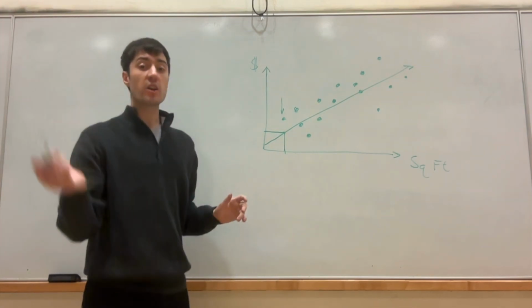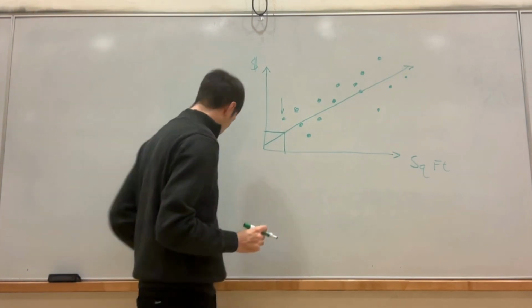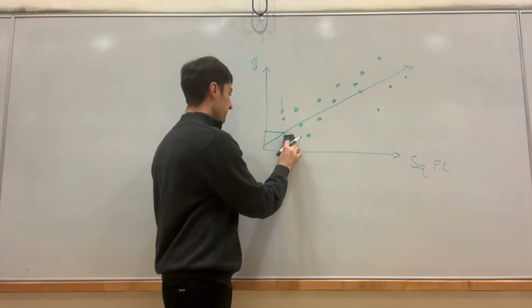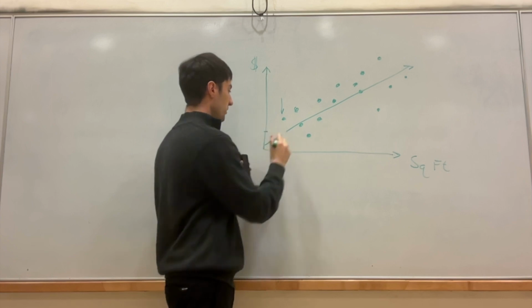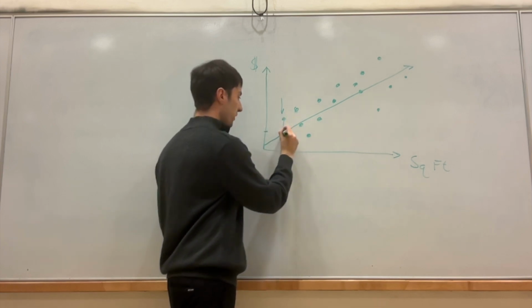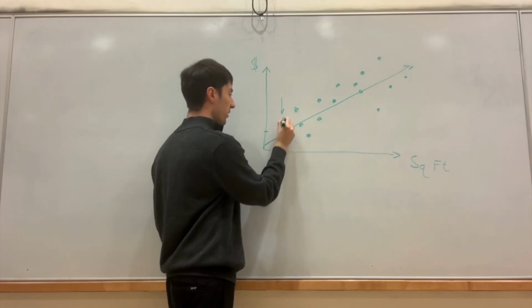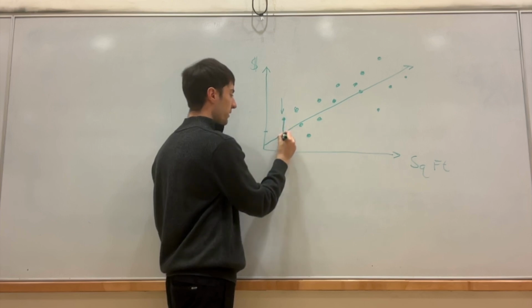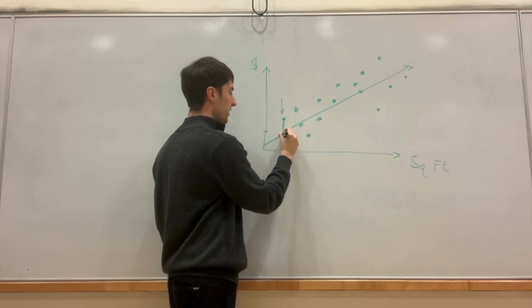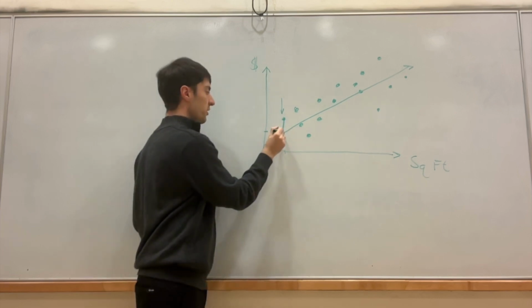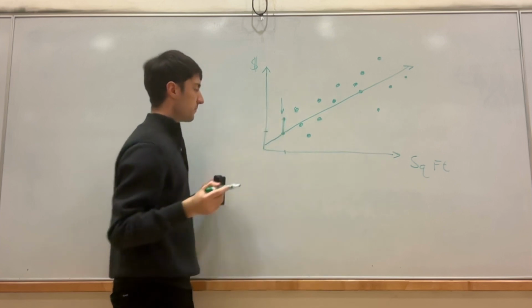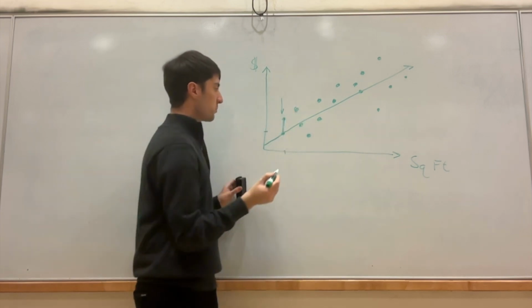Well, how much is it off by? It's off by this much right here. This is the error. Here's the actual data. Here is what we predicted it was going to be. So here is the error. What about this point?